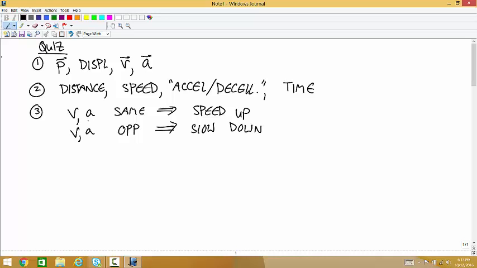And this is a really important idea because it relates to something also when we get to 2 dimensions. It's the same way to think about whether something's speeding up or slowing down when you compare the velocity and the parallel part of the acceleration vector. So this is an important idea.